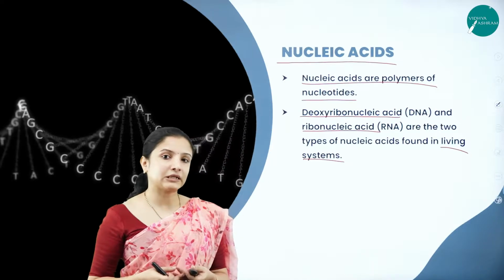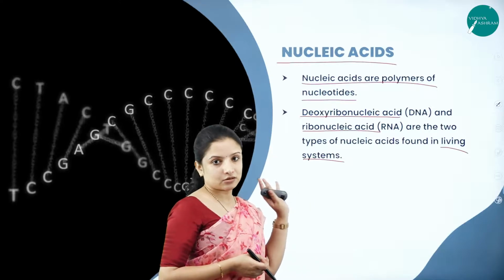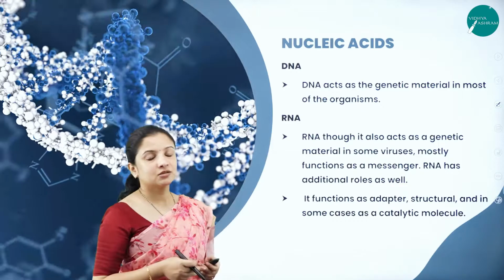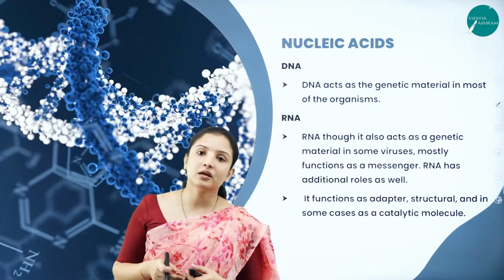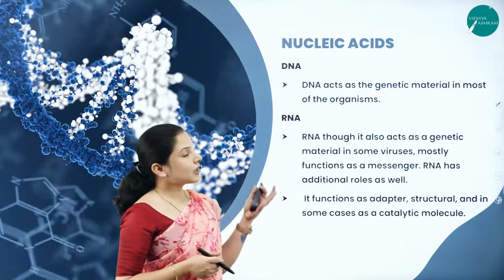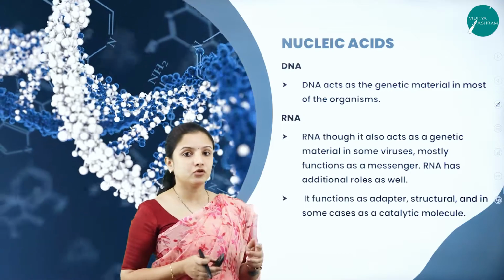RNA, we find in bacteria, viruses and so on, but in humans it is DNA that is the most important. Nucleic acids are polymers of nucleotides, right? So they are of two types, deoxyribonucleic acid and ribonucleic acid.